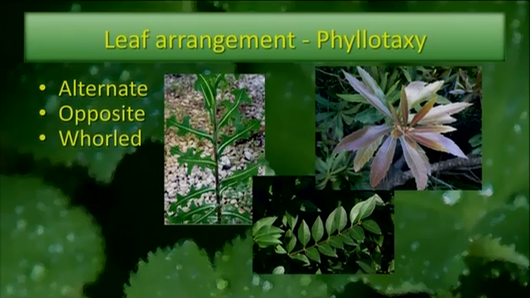And here we have an example of a whorled leaf arrangement with more than two leaves at each node, three or more. So this one has 1, 2, 3, 4, 5. This one has 7 at the node. Okay, a good example of a whorled leaf arrangement.